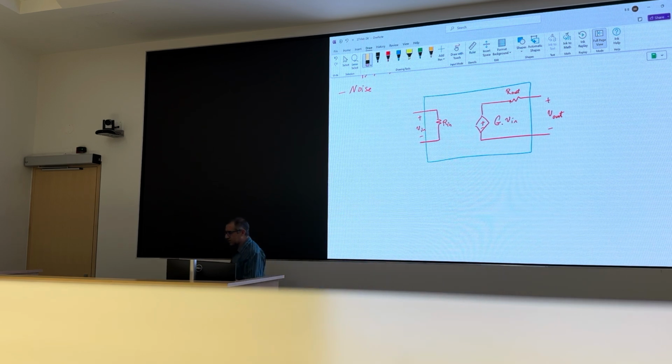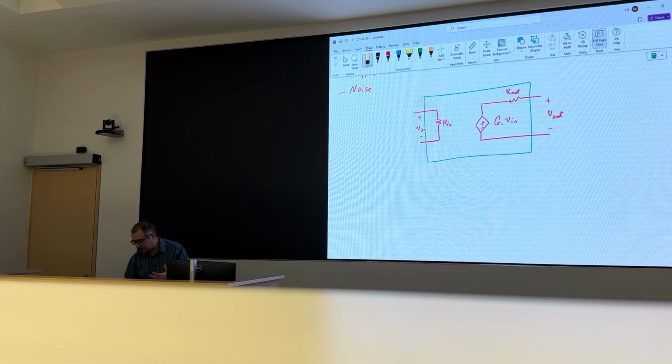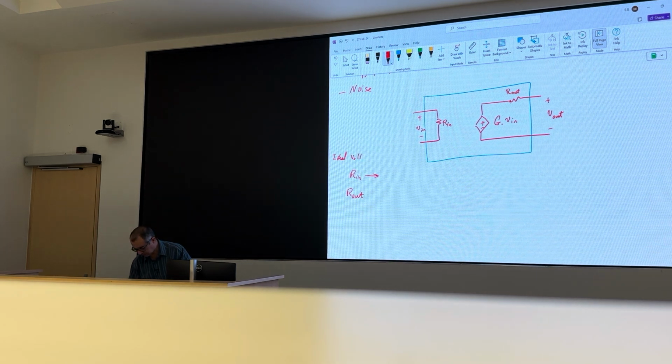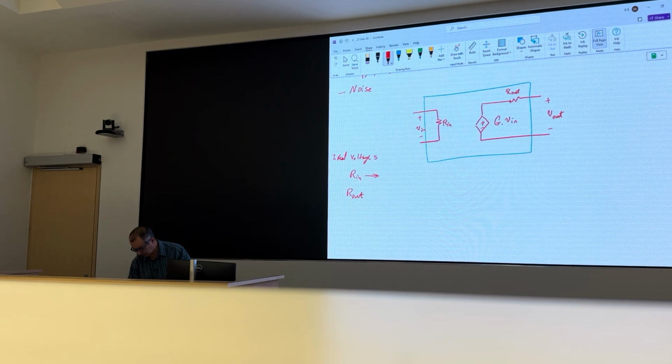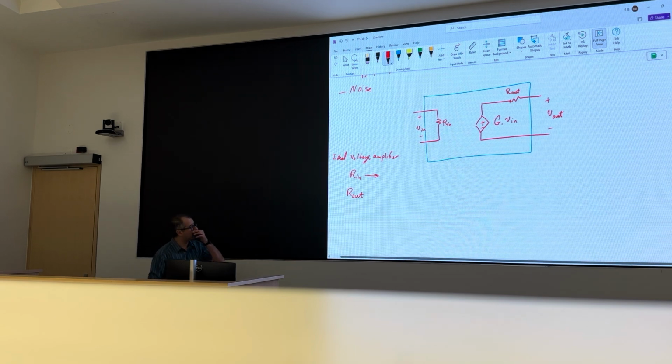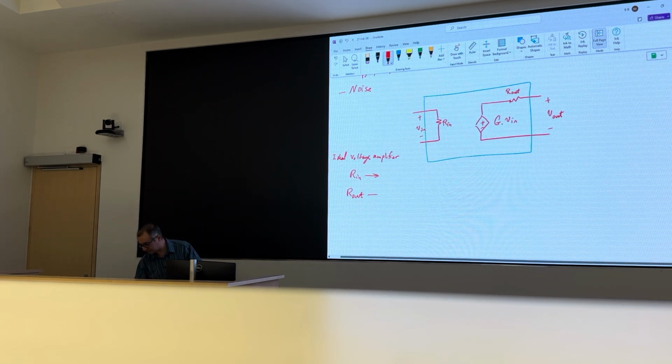So let's just quickly check. For an ideal voltage amplifier, what do I like RI and RO to be?